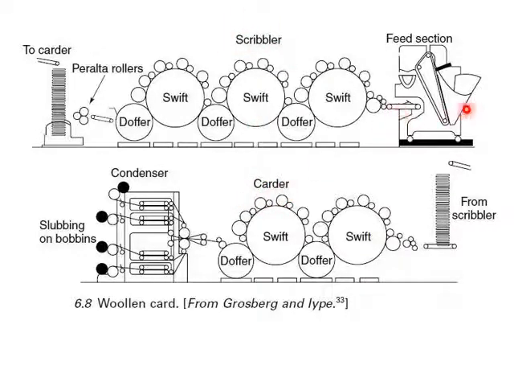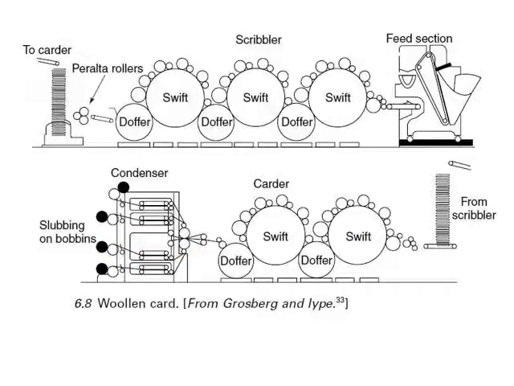The material flow is like this. It goes through these cylinders, doffers, and the workers, strippers, Peralta rollers to this deposition of the material. Then again the material is fed into the finisher card. Then again the material goes through a set of rollers and is deposited on bobbins as slivings, and further the slivings are directly drafted and spun into woolen yarns.